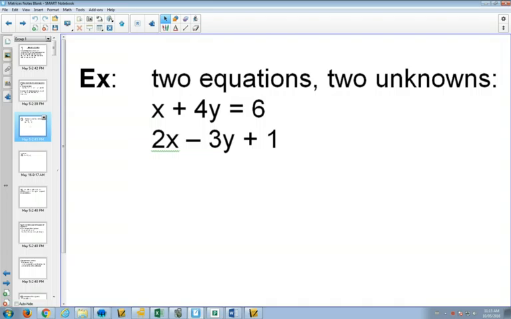Either those two lines cross at one point, and that point where they cross is the solution, or it could be that those two lines are parallel and they never cross, and then when you try to solve it, you'll get something that doesn't make sense because there are no solutions. Or these two lines are exactly the same line, in which case you're going to get an infinite amount of solutions.